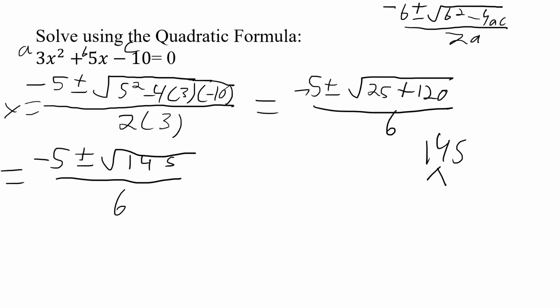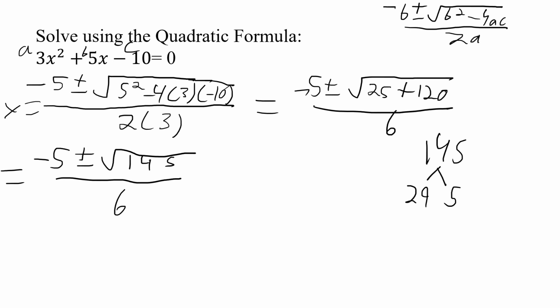So I know that 145 is divisible by 5, so let me see what happens when I do that. 145 divided by 5 is 29. Let's see, is 29 divisible by anything? 29 divided by 2 won't work, 29 divided by 3 doesn't work, 29 divided by 4 doesn't work, 29 divided by 5 doesn't, 6 doesn't, 7 doesn't. So 29 is a prime number. There's nothing we can do with the root 145.